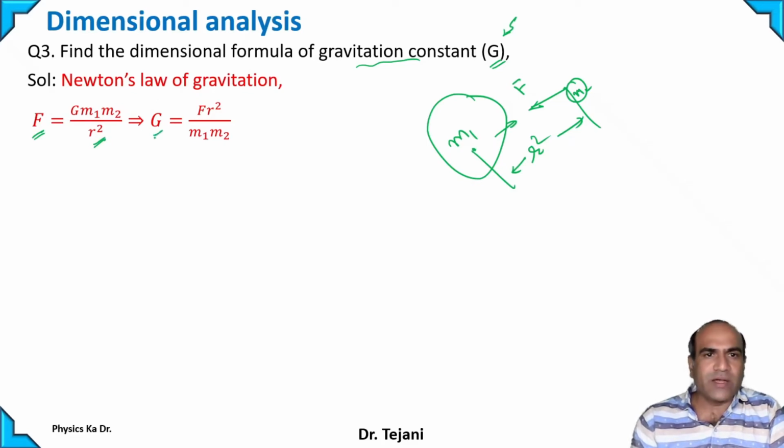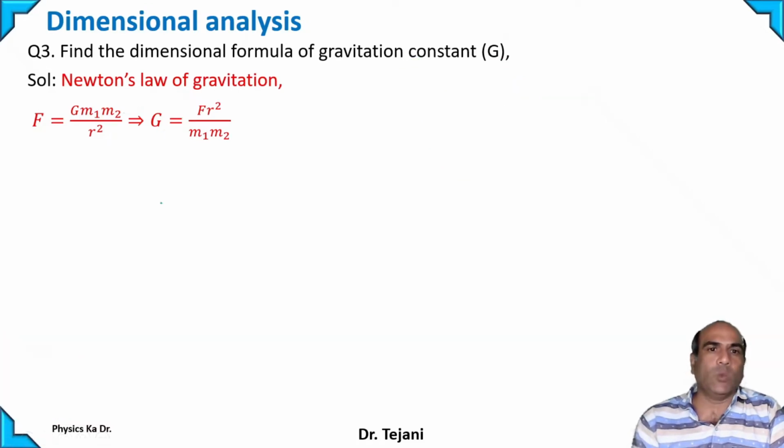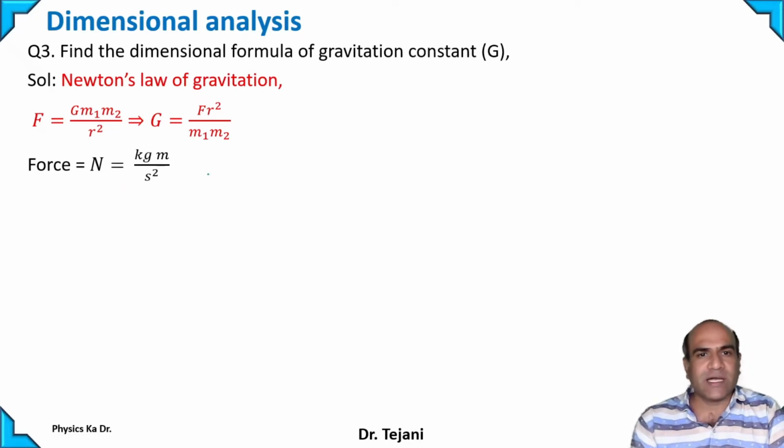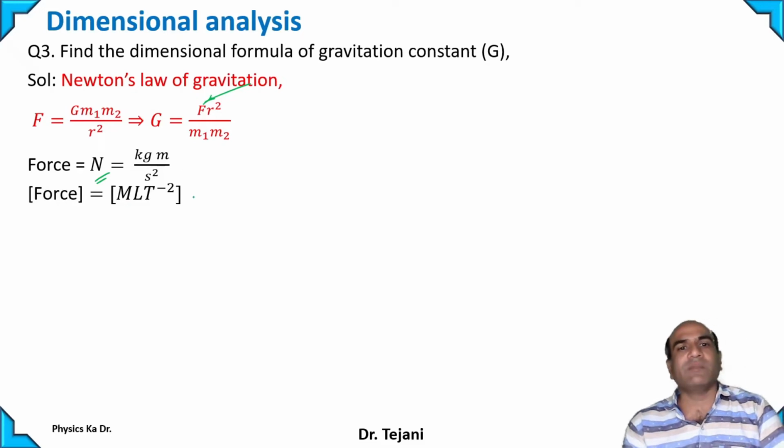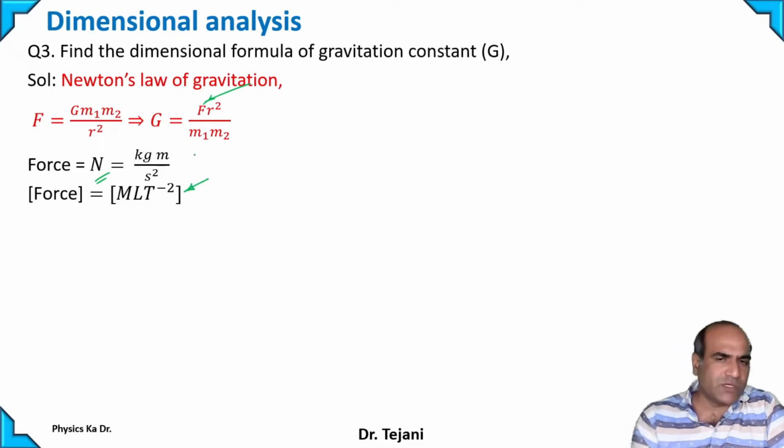We need to find the value for G, so we can take G to the opposite side, so G becomes F r squared divided by m1 m2. This is very simple. The rule says the left hand side must be equal to the right hand side. F is force, Newton, which we already did in the previous exercise, kilogram meter per second squared, so it becomes M L T power minus 2. You may remember this also if you want to improve.